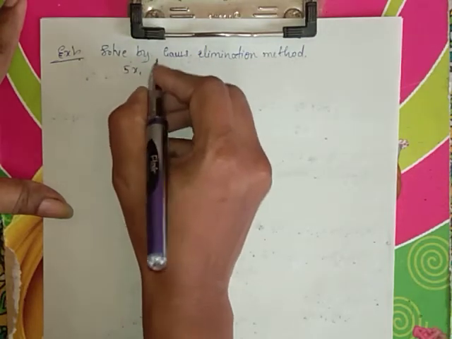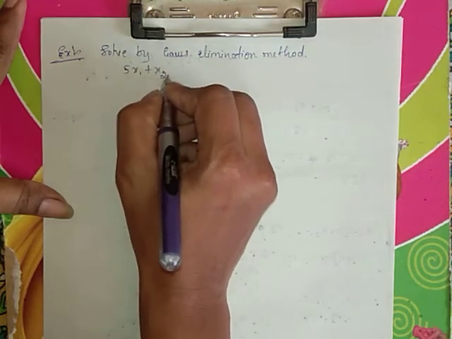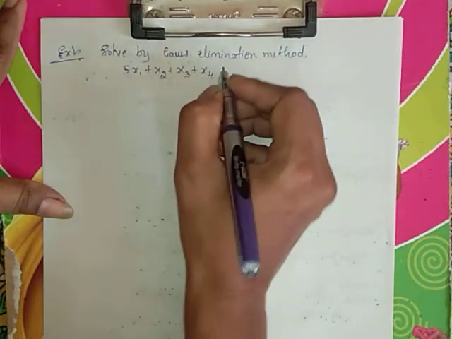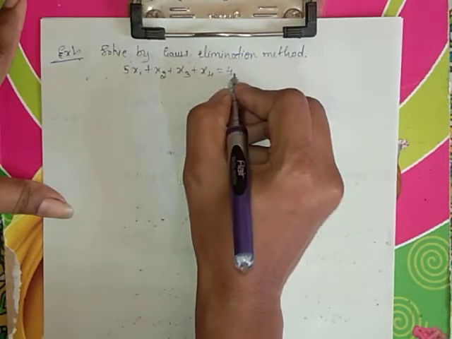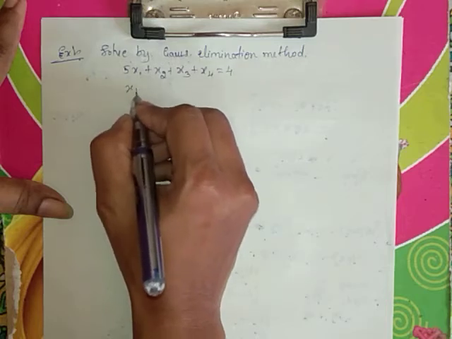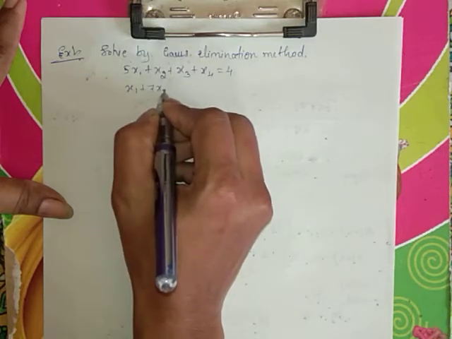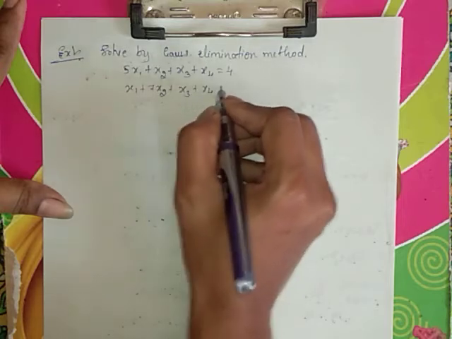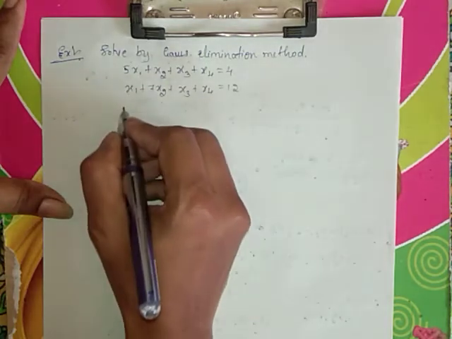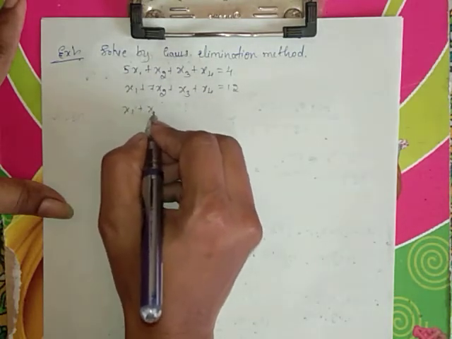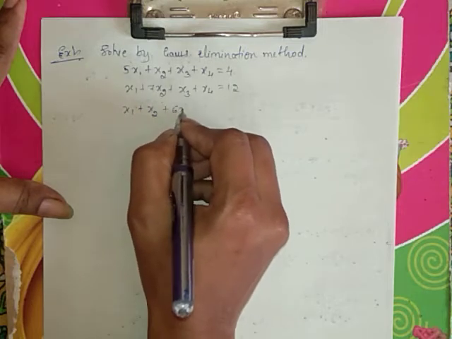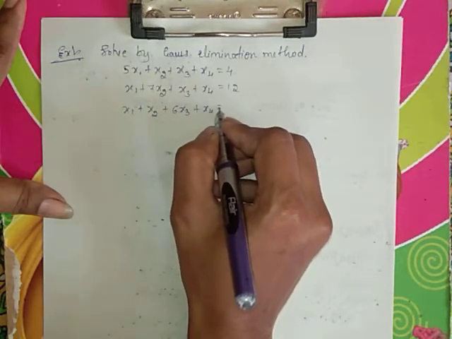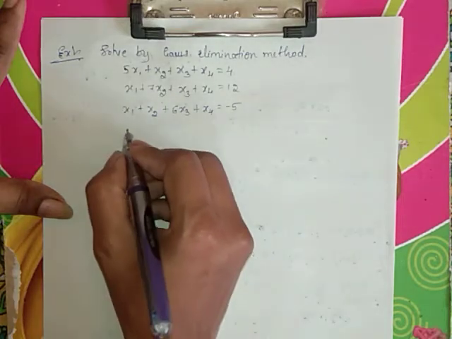Equations are 5x1 plus x2 plus x3 plus x4 equal to 4. x1 plus 7x2 plus x3 plus x4 equal to 12. x1 plus x2 plus 6x3 plus x4 equal to minus 5.